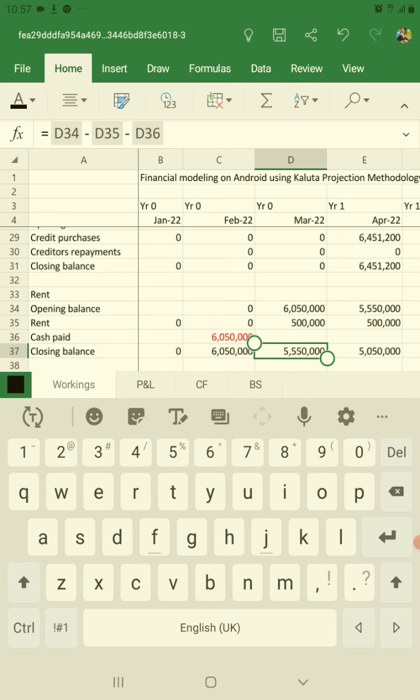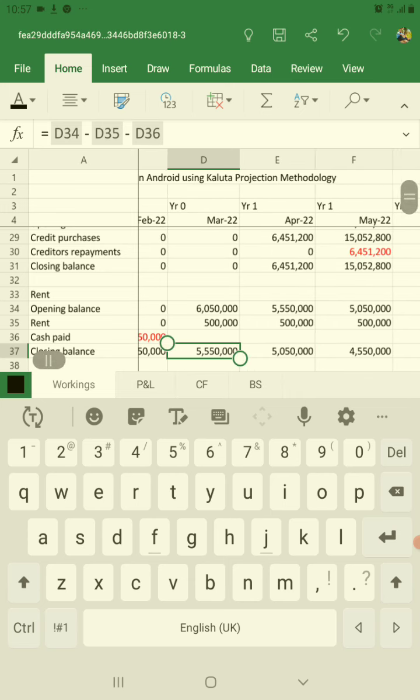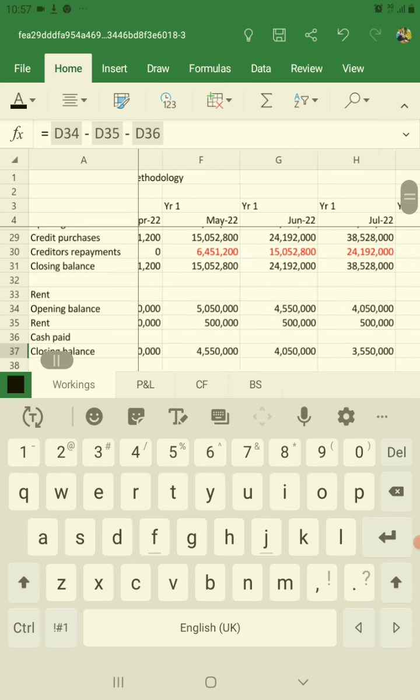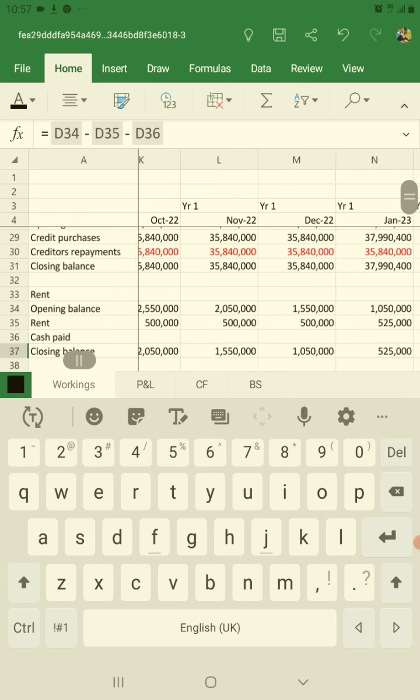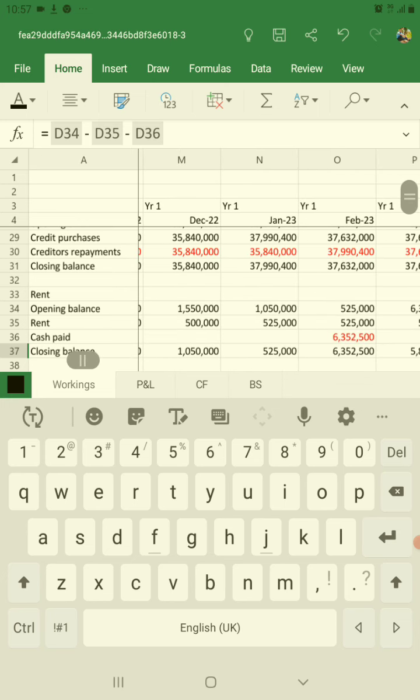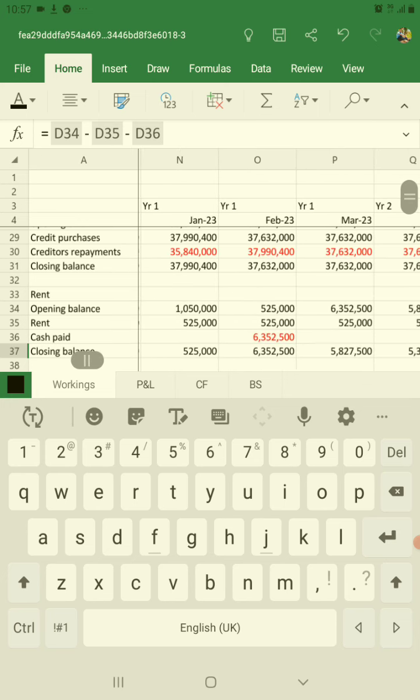And so you can see the advance rental keeps on decreasing monthly by 500,000 until it reaches December. This is February. Here February is the last portion of 500,000, but because there is an inflation adjustment of 5%, it has increased to 525.